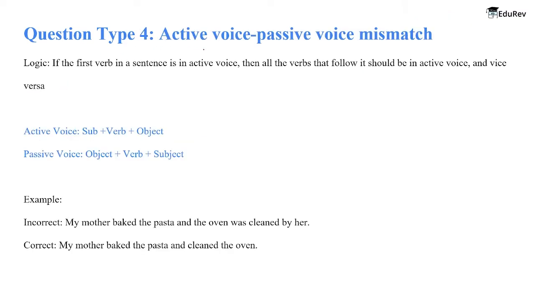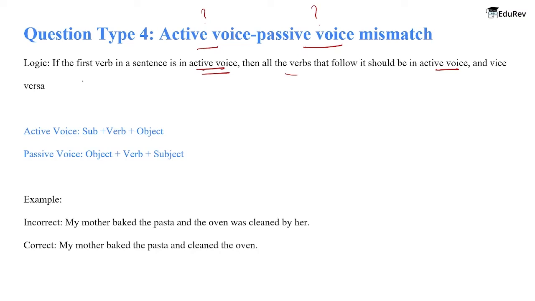Question type 4. Active voice and passive voice mismatch. I hope that you all know what is active voice and what is passive voice. So the logic here is, if the first verb in the sentence is in active voice, then all the verbs that follow it should be in active voice and vice versa.